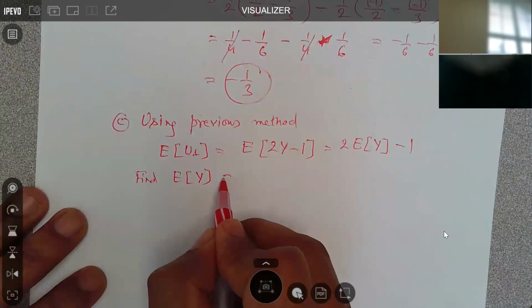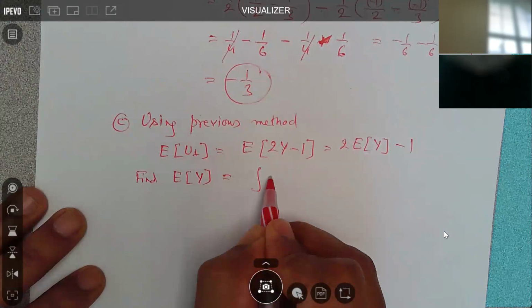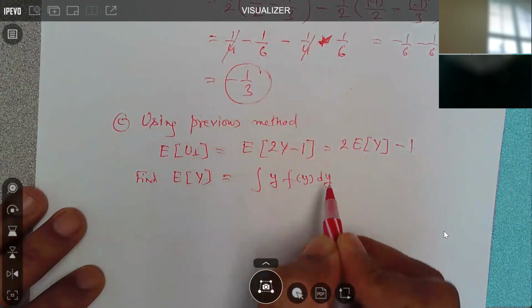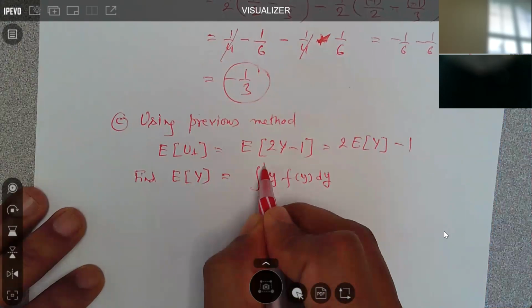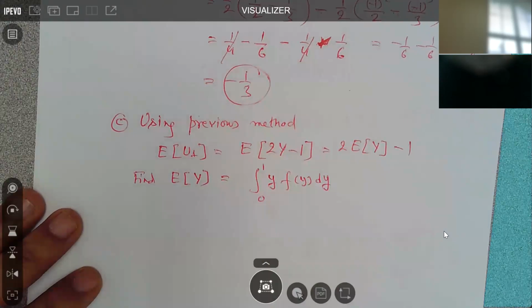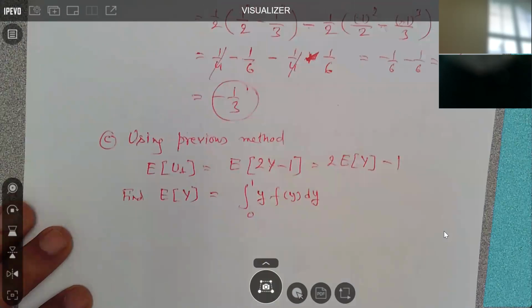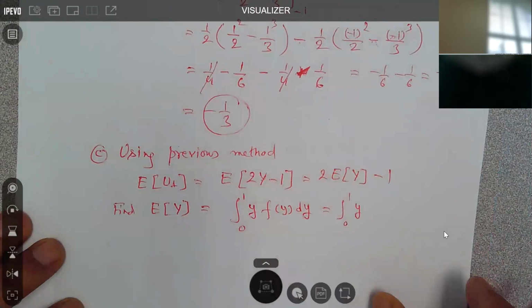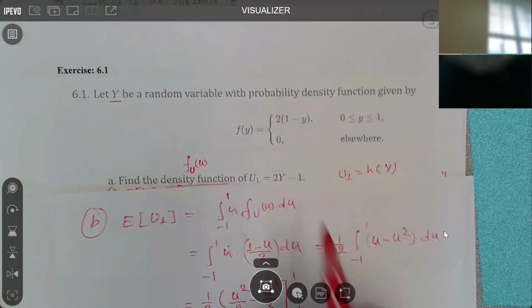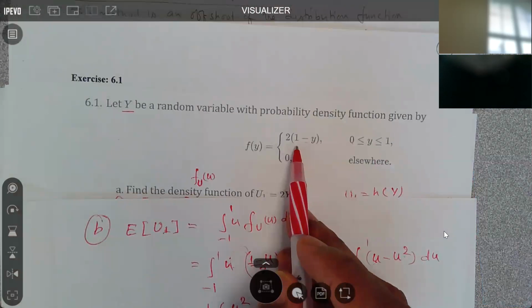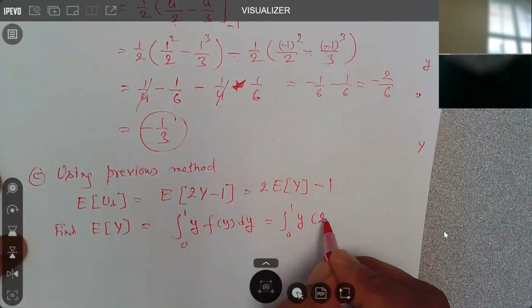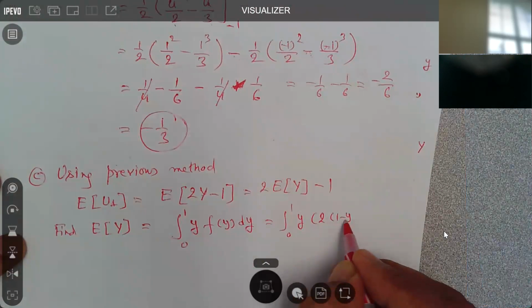So to find that one, it is equal to integration y f y dy, and y goes from 0 to 1, right? So this is equal to 0 to 1 y. Now f y is here, this one here, 2 times 1 minus y.